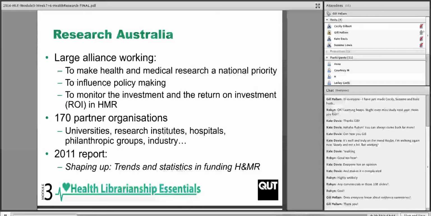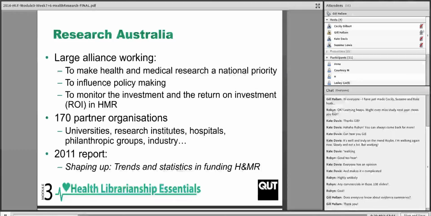There's another organisation, Research Australia, and that's an alliance, again, of a number of different organisations. They're working together to ensure that health and medical research is a true national priority and to have some influence into policy making.